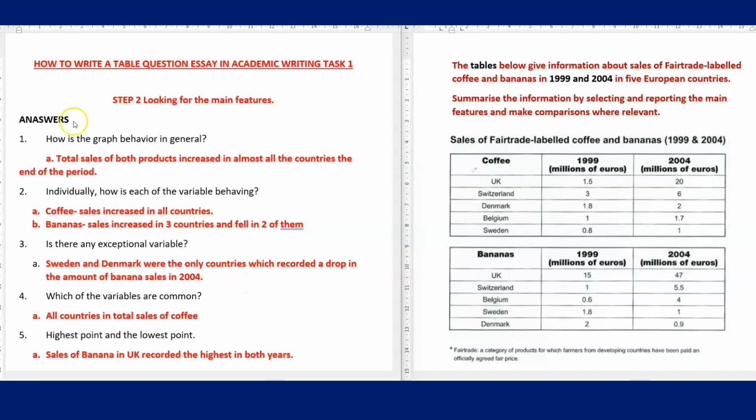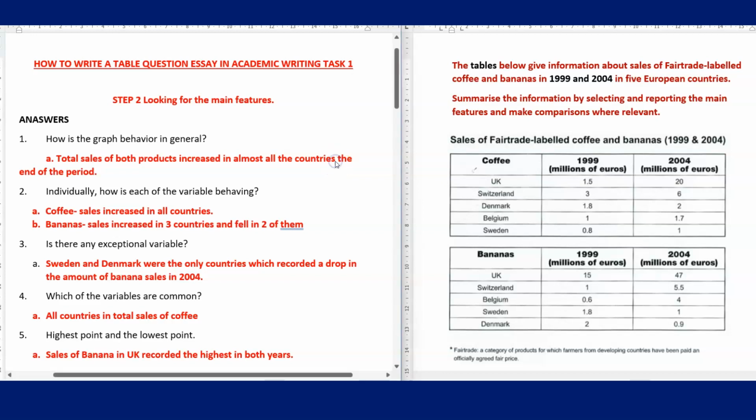First of all, the first question was, how is the graph behaving as a whole or in general? And we deduced that the total sales of both products, which is coffee and banana, increased in almost all the countries.